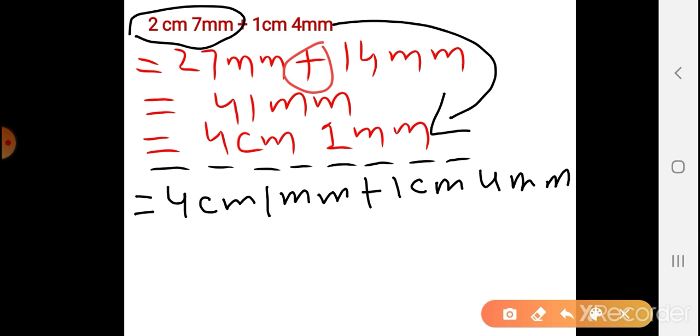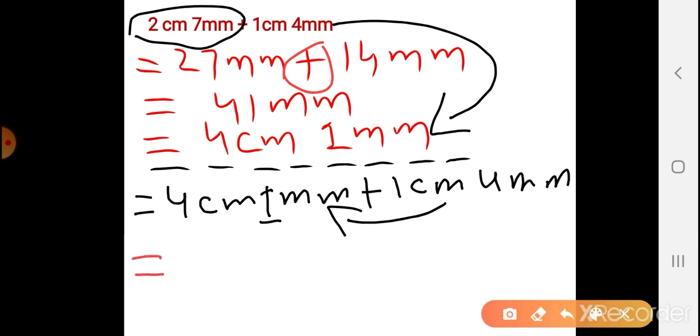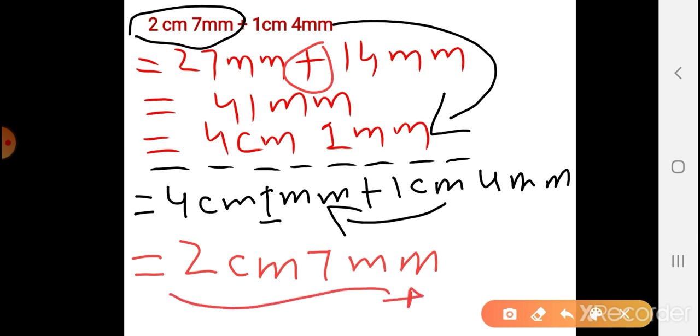If we subtract 1 centimeter 4 millimeters from 4 centimeter 1 millimeter, of course we would get 2 centimeter 7 millimeters. It means that our answer is correct. So here we have followed our 4 steps.